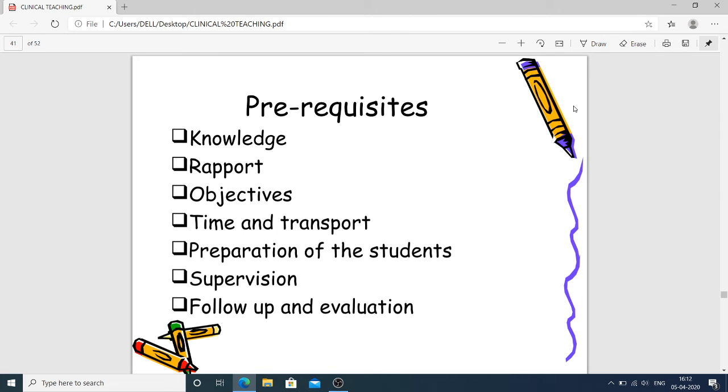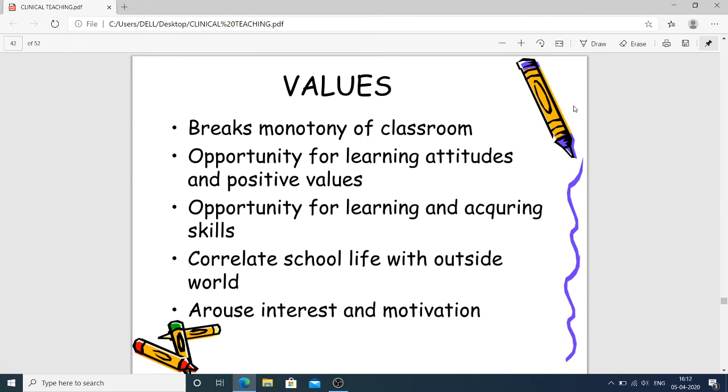Then prerequisites: it requires knowledge, rapport, objectives, time and transport, preparation of the students, supervision, follow-up and evaluation. After that, values: it breaks the monotony of the classroom. Monotony means the same routine every day. Because of the same routine, students feel bored. To break that monotony, field trips and other things are necessary.